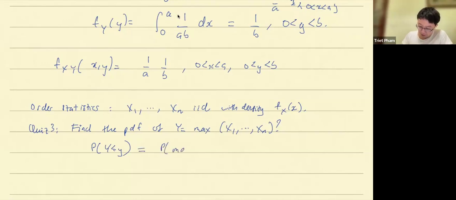Well, you plug in the definition. Then you analyze the expression. Well, the max is less than or equal to a number when what? The max is less than or equal to a number when individually all of them are less than or equal to that number, and vice versa.